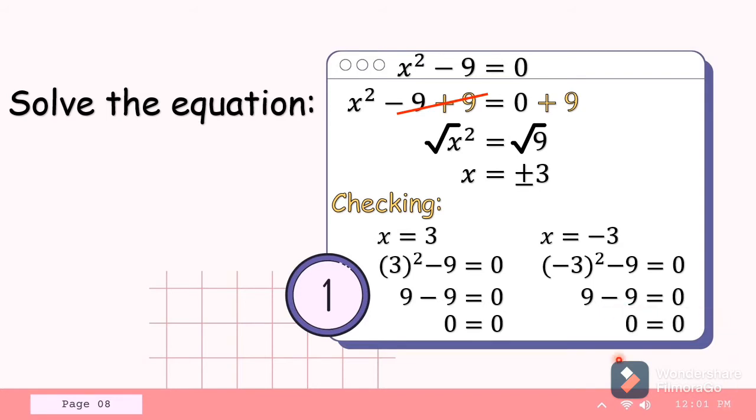Okay, since equal ulit dito, 0 is equal to 0, ibig sabihin, negative 3 is also correct. Since tama ang checking natin, we can conclude that the roots of x squared minus 9 is equal to 0 are positive and negative 3.